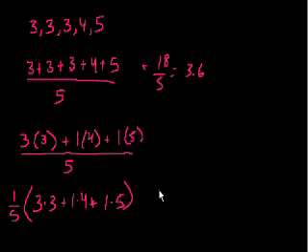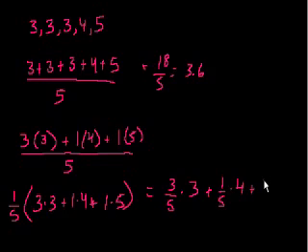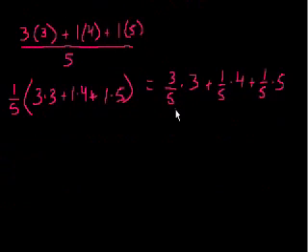And then if we distribute this 1/5, this is equal to what? 3/5 times 3 plus 1/5 times 4 plus 1/5 times 5. And just so we can see it in a bunch of different ways, let me express these as decimals.